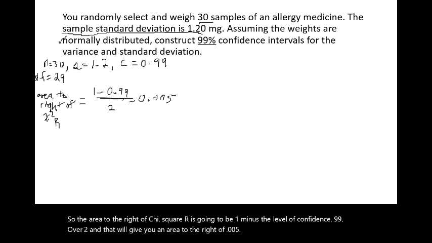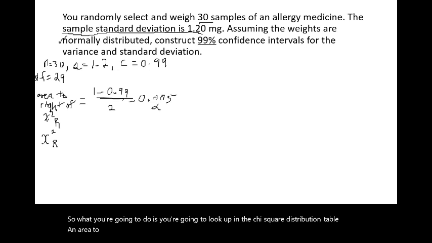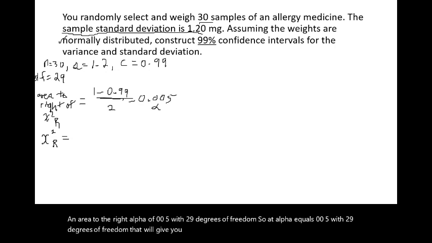So you're going to look up in the chi-square distribution table an area to the right alpha of 0.005 with 29 degrees of freedom. That will give you a chi-square R of 52.336.